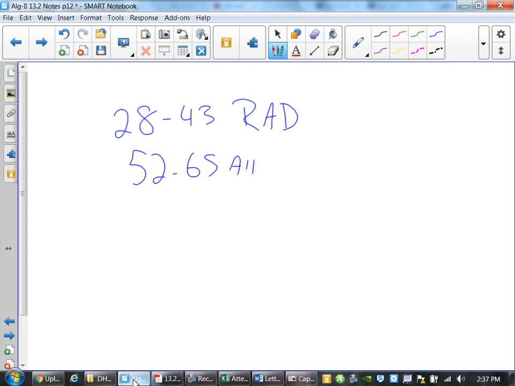That's a lot of problems. The 28 to 43 are just the ones with pi in them, so it's just the radian ones. It's the whole idea of drawing the angle, finding the coterminals. And then the 52 to 65, the 52 parts were converting radians to degrees. And then the last 6 problems are find area of sector and arc length, all in radians. So that's why we didn't have that last night.